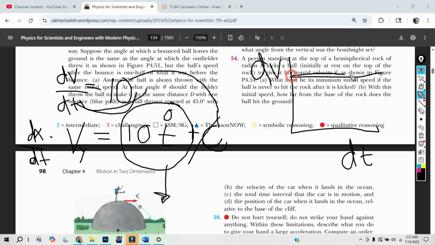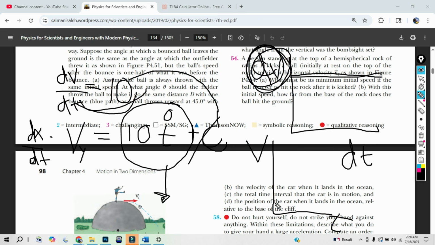And then yeah, so that's going to be 10. But I guess the question is, because this is change in velocity, cool, I want to know velocity as a function of time.